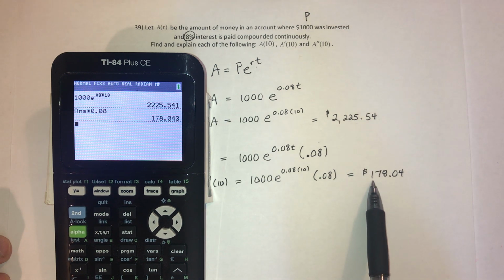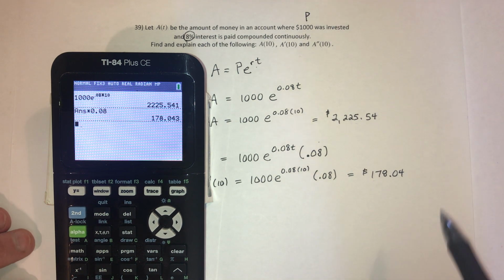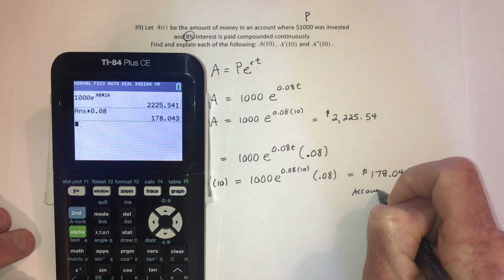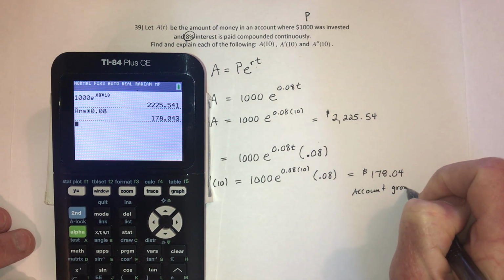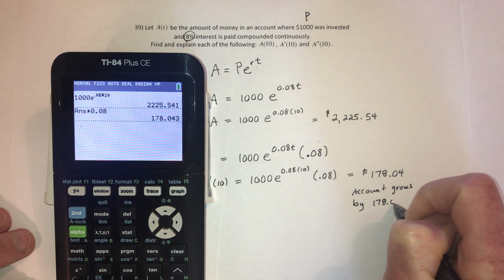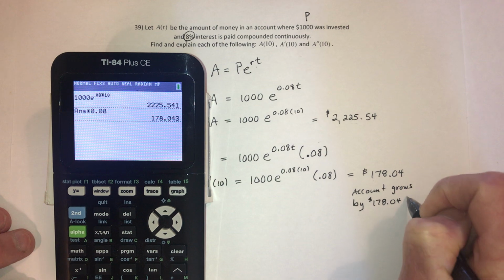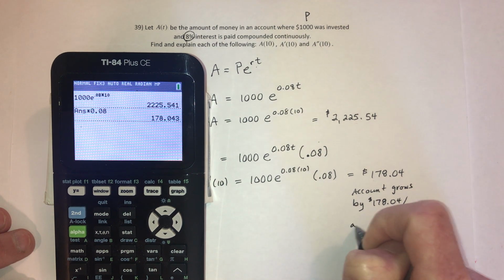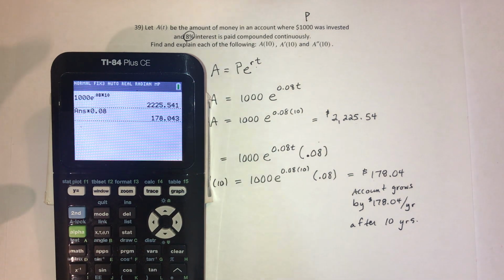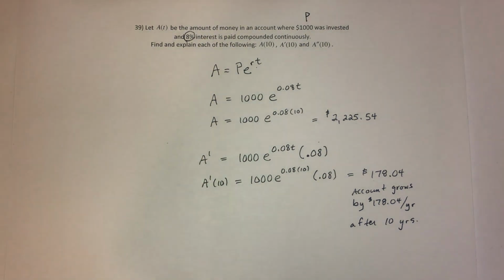And then this shows you how fast it's growing per year. So the account grows by $178.04 per year after 10 years. It's free money.